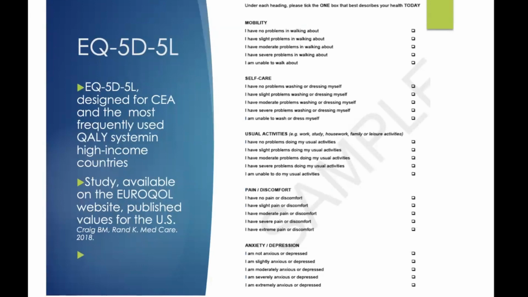There's availability of US weights for this instrument, and it's been widely validated. I'm actually finishing validating it in a very diverse urban pregnant and postpartum cohort right now. It's widely used and can be used in your studies. It's just a questionnaire with 5 questions, so it's easy to add.